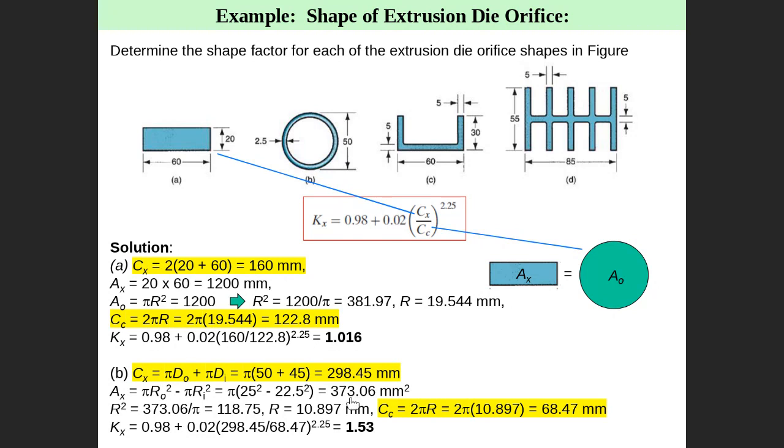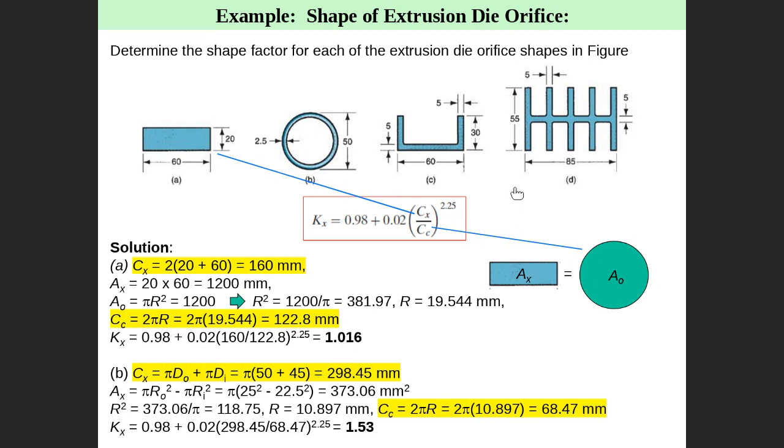Then Ax equals the area of the solid one, π R square. You get the radius of the solid one, then you get Cc equals 2π R, then you can obtain Kx by applying the equation.